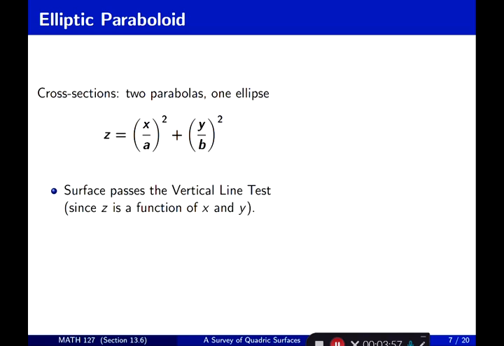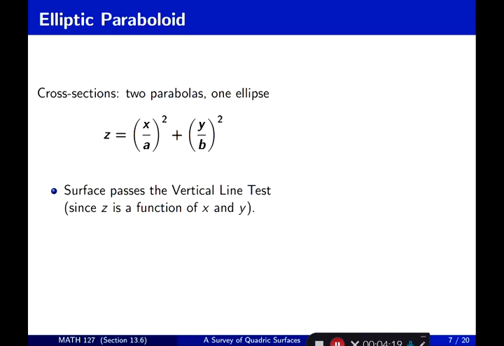Something interesting to discuss: since you solved for z here, z can be considered as a function of x and y, and it basically works like functions of higher variables.